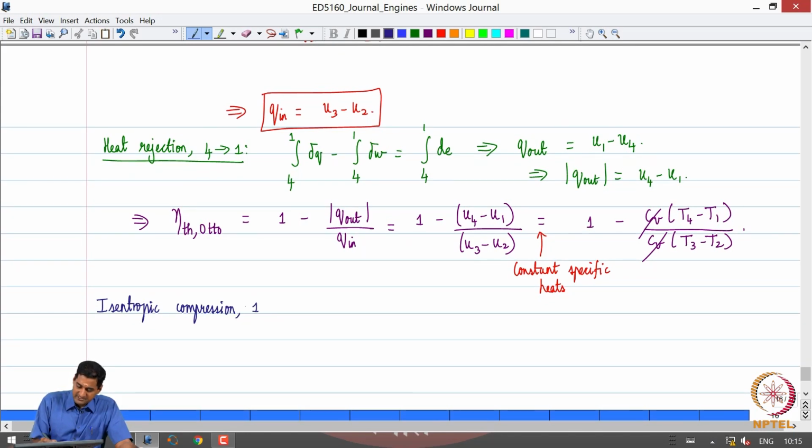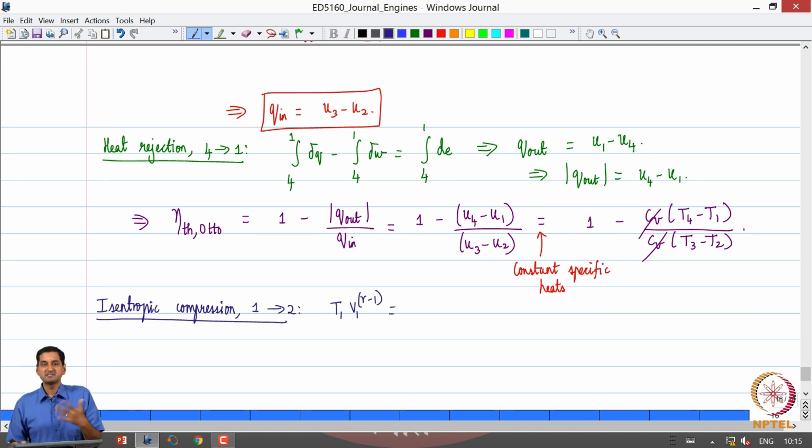Isentropic compression process is the process from 1 to 2. Typically, the isentropic process is governed by PV^gamma equals constant. That is how we write down the process relationship for an isentropic process.